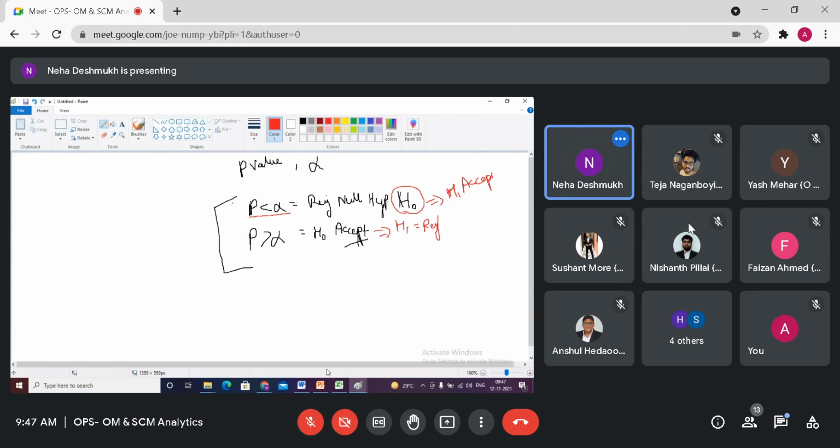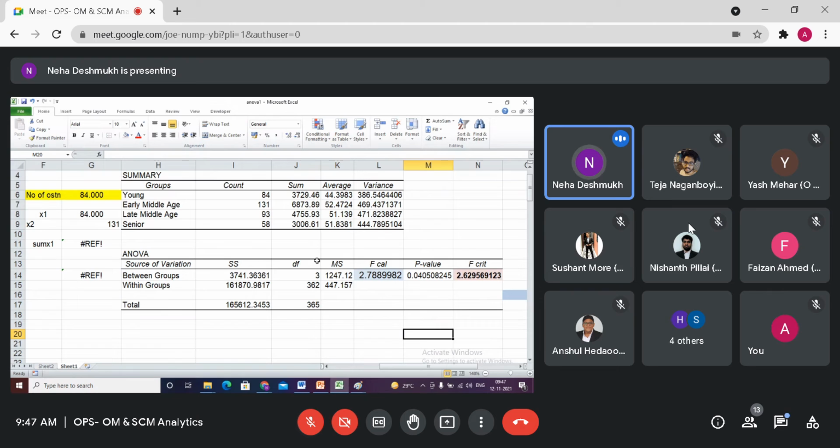From this table, I have one p-value, this one. This is my p-value, and the alpha value is your significance level. In this case, we are using a 5% significance level, which means the alpha value is 0.05.